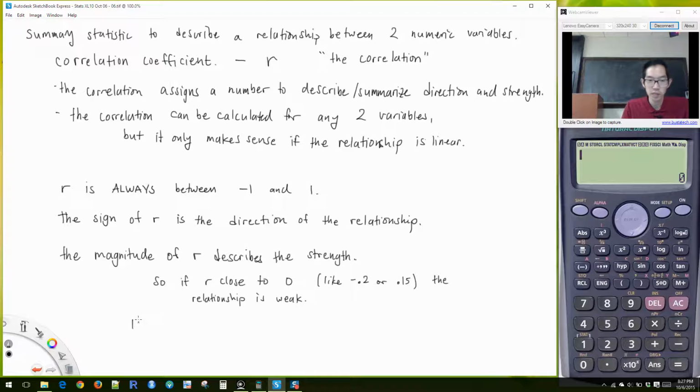Okay, and if R is far from 0, now it can't get that far away because it's always between 1 and negative 1. Okay, but something like 0.9 or negative 0.85, something like that, the relationship is strong.